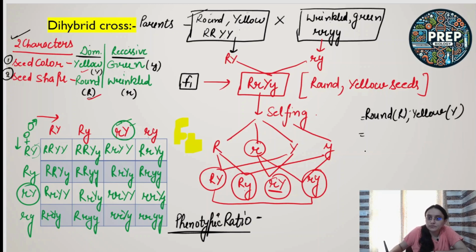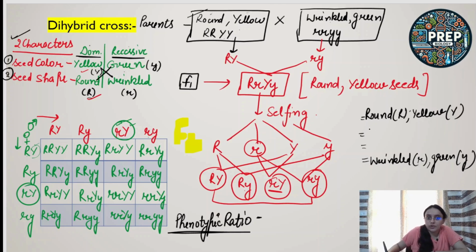Next, we write the full recessive, that is wrinkled, that is small r, and green, that is small y. Okay, now we have mixture of characters.